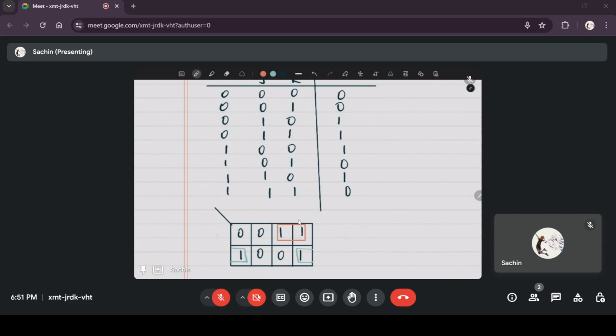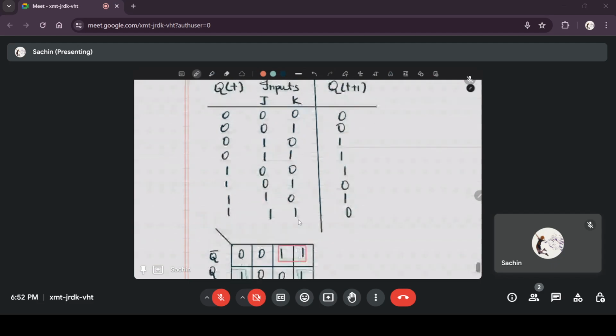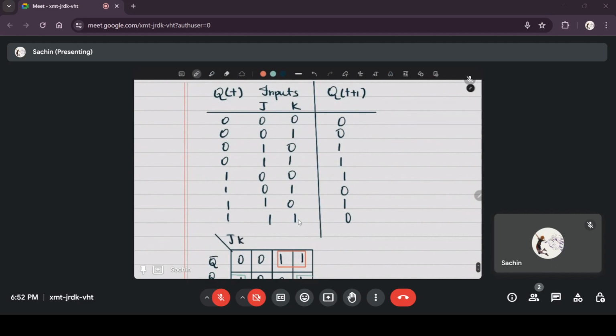So the way I've filled the table up is by taking Q on this side and JK here.